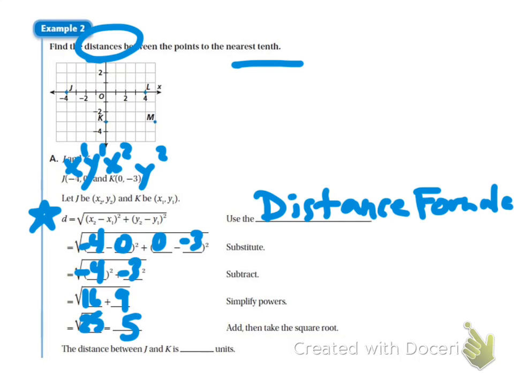So the distance between J and K is 5 units.